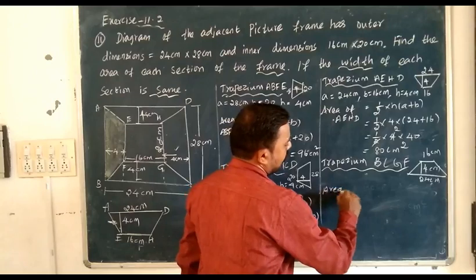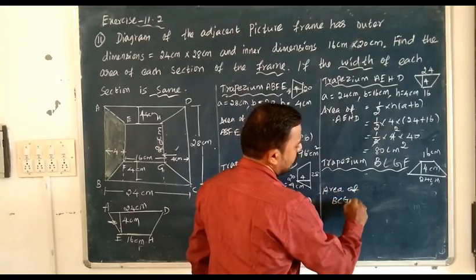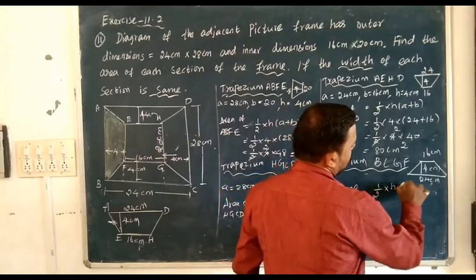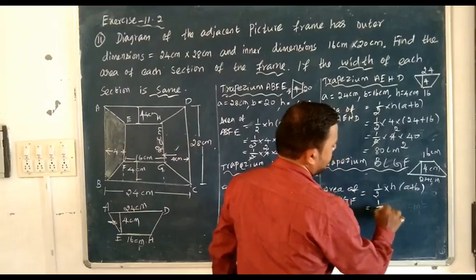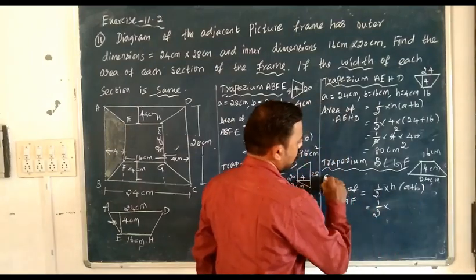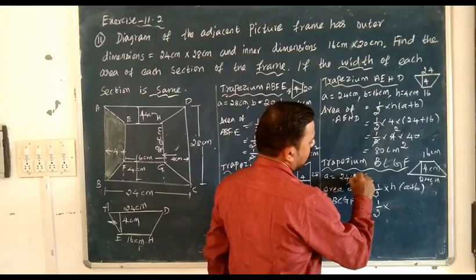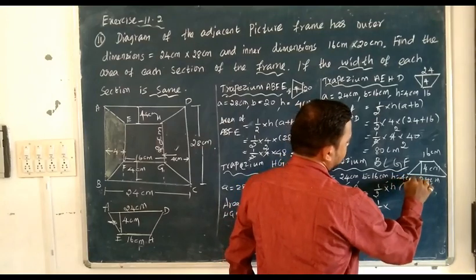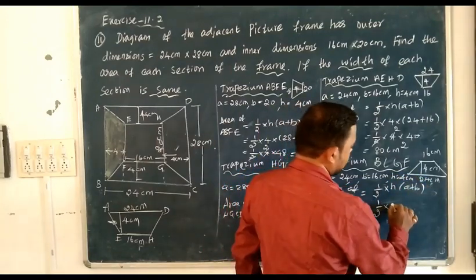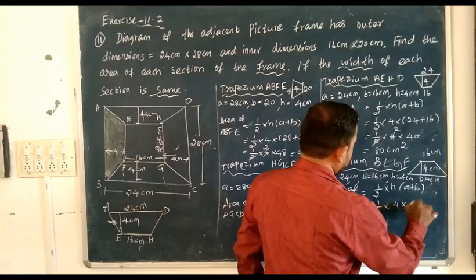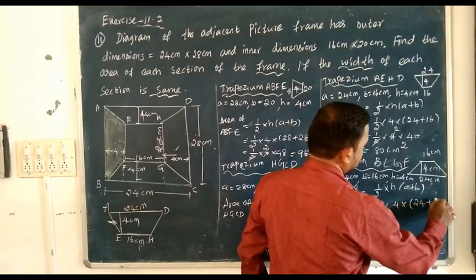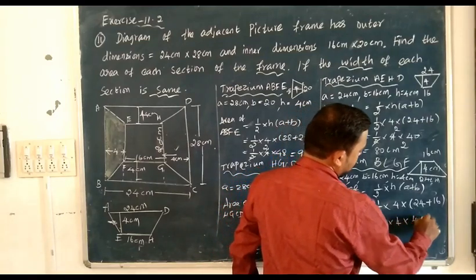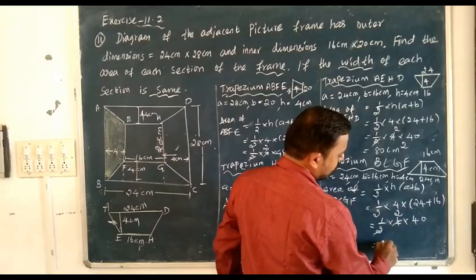The area of BCGF equals 1 by 2 into h into a plus b. A value 24, B value 16, h 4 centimeter. So 1 by 2 into 4 into 40. After cancelling, 2 into 40 is 80.